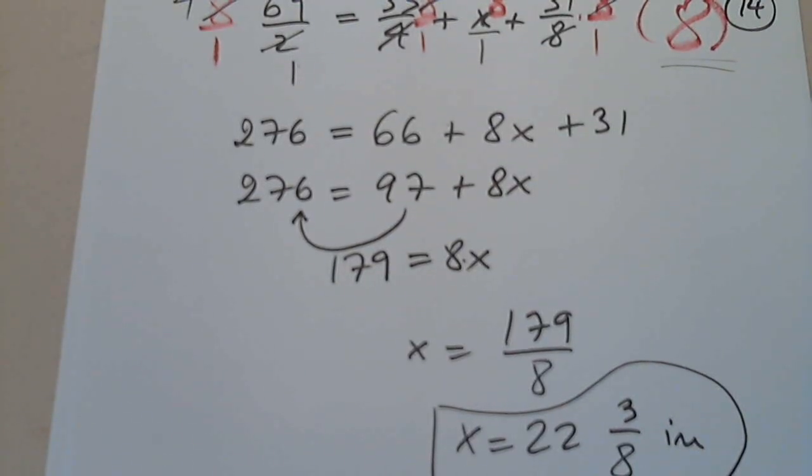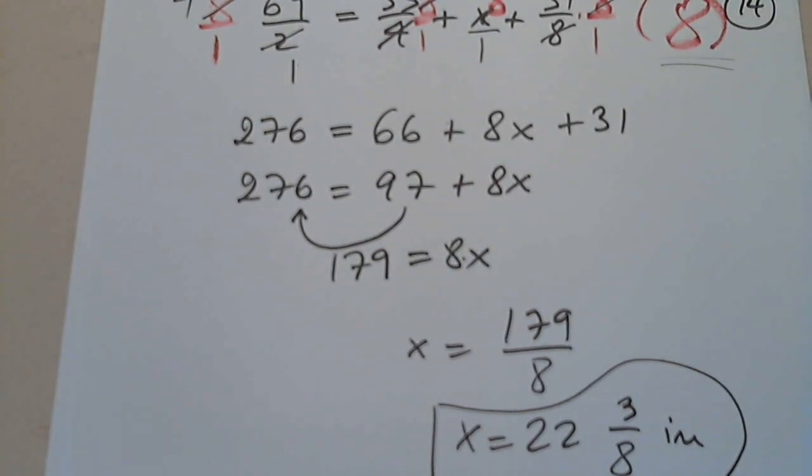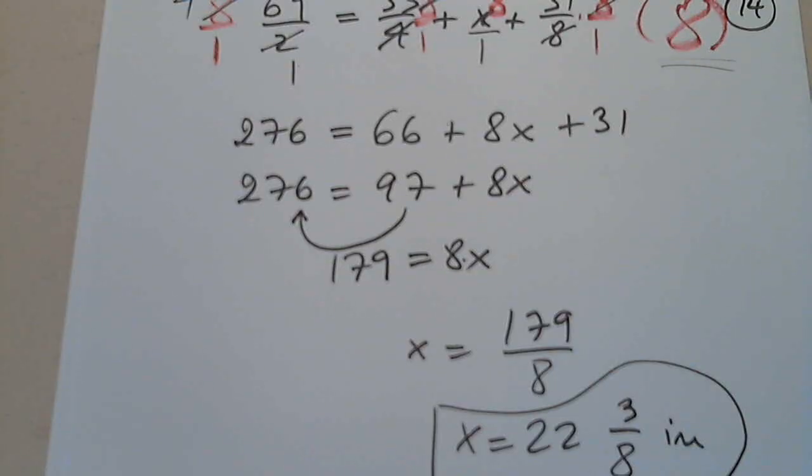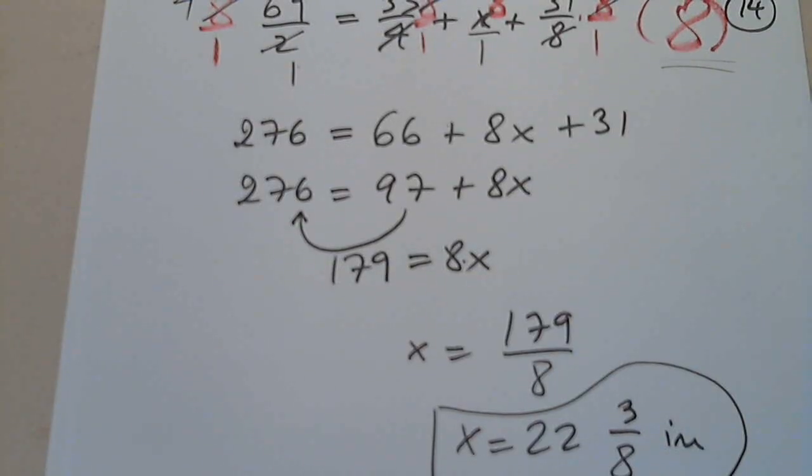So the entire module 1 should have been completed. Again, my apologies, I did not get the chance to check. So we know the fundamentals of fractions and how to simplify them.